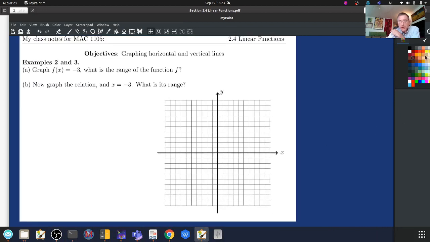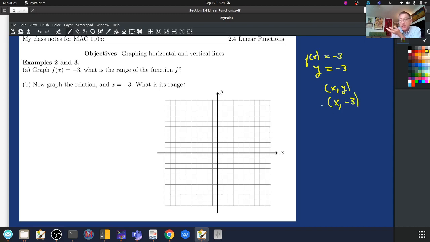So here we go. I'm going to use the writing space to the right. So f of x is equal to minus 3 is the same thing as y is equal to minus 3. That means every point on the graph, x, y, has y equal to minus 3.